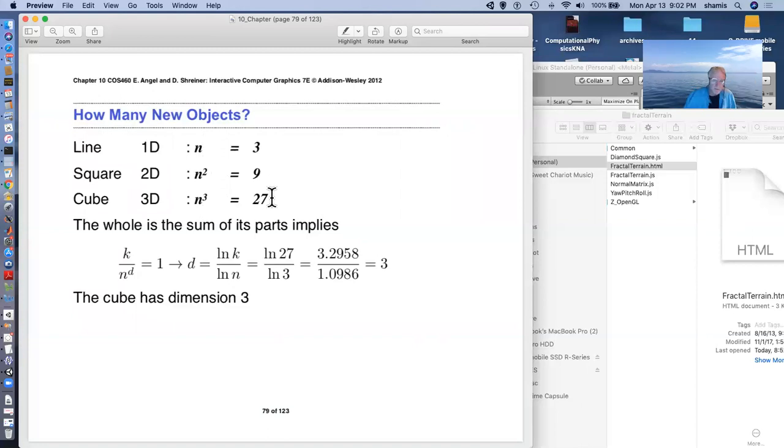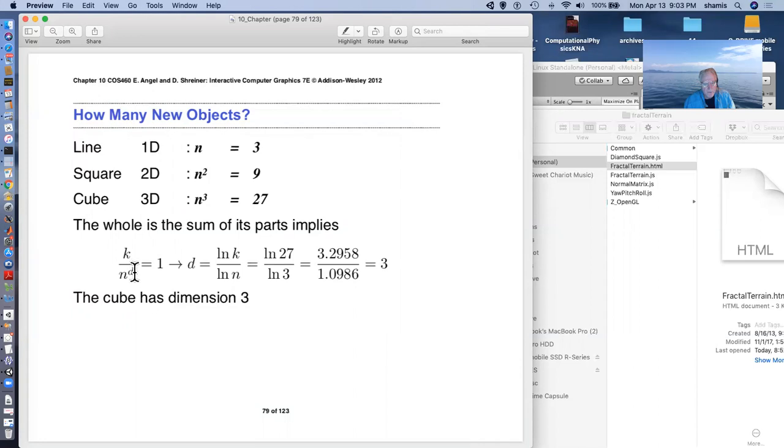And since the whole is the sum of its parts, the whole is the number of items we get, 27, and we're dividing it into n to a power, that power being the dimension of the object.